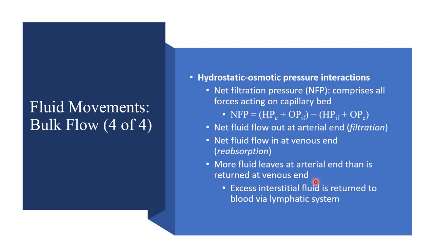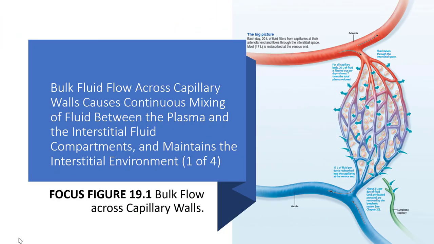That means if nothing were controlling the fluid that goes into the interstitial space, we would be bloating, and we would all have edema at the tissue level. However, excess interstitial fluid is reabsorbed back into the blood in the left subclavian vein via our lymphatic system. So our lymphatic system is the one that helps circulate the fluid.